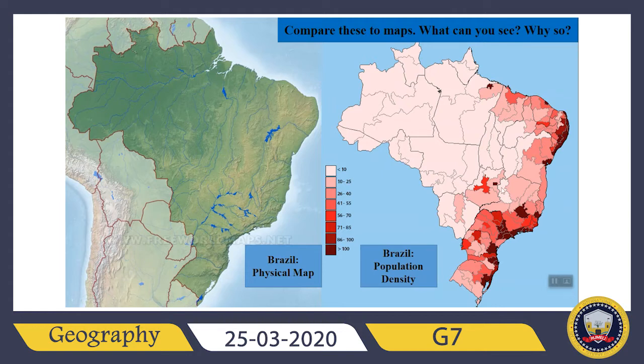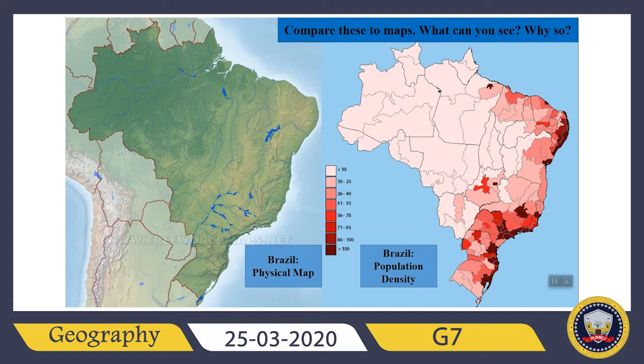The very dark spot here indicates the new capital of Brazil, Brasilia, and we will read later why in the mid 20th century Brazil moved its capital inside the country from the coast.